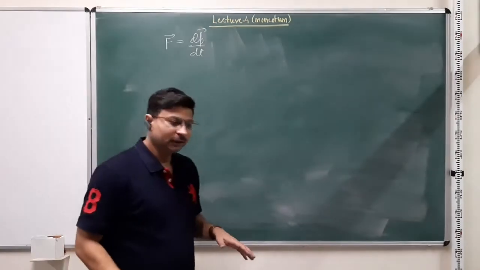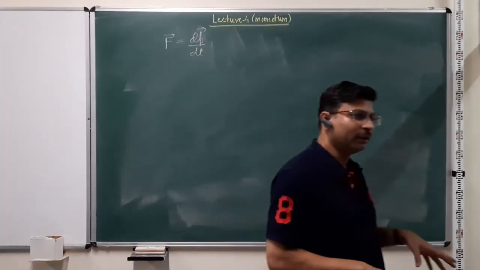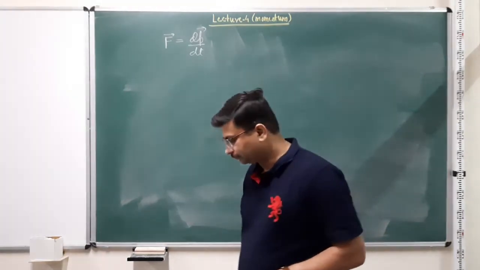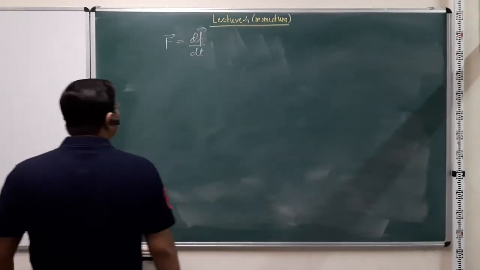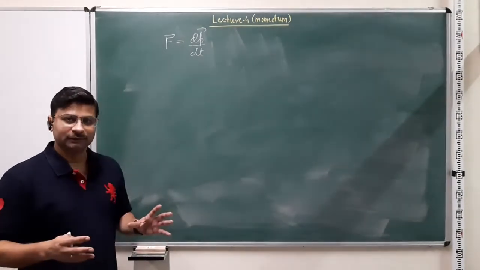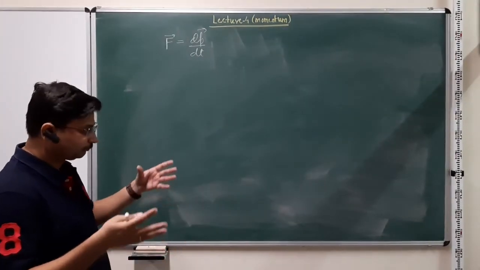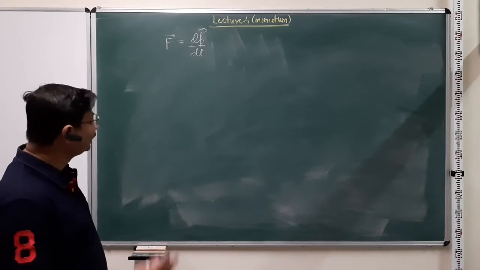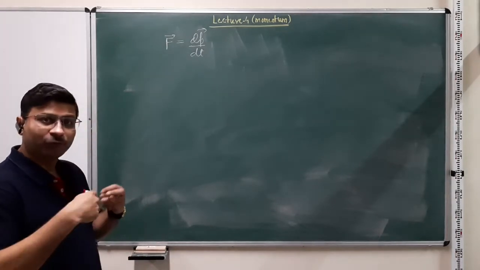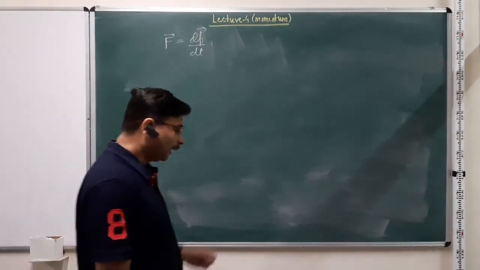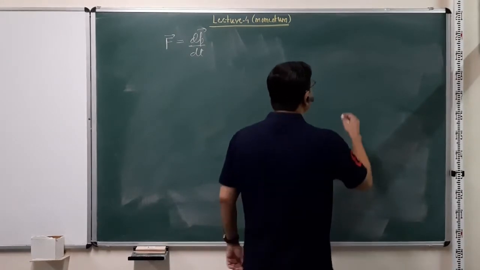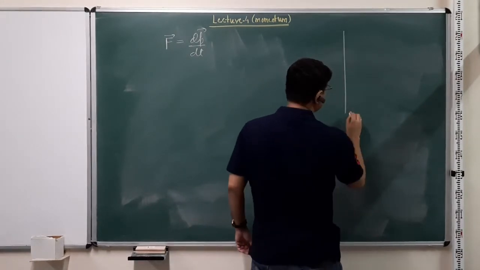Now let us say that instead of a point particle or point object, I have a system of particles, right? So multiple objects which are interacting, could be interacting with each other. So there is also a force between these objects, and there is an external force on each of these, right?